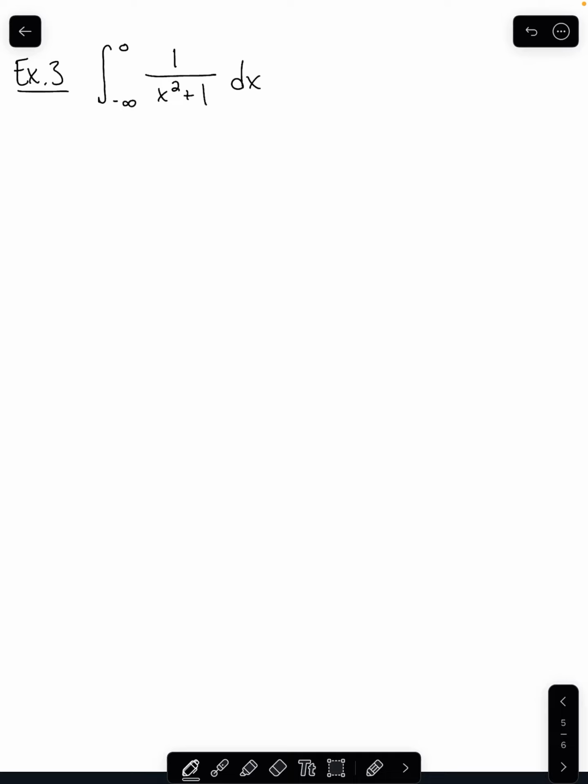So like before, we need to replace the lower limit of integration with a variable and allow a limit in front of the integral to let that variable approach, in this case, negative infinity.